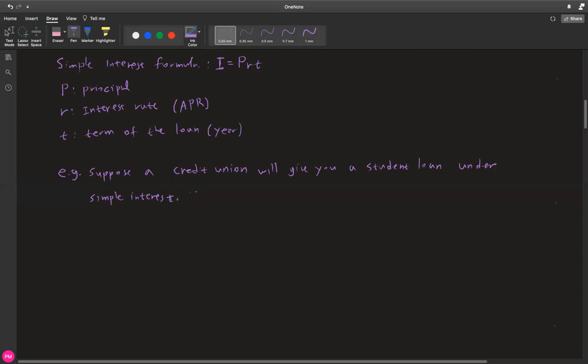And let's say the APR is 6%, and the term is 3 years.